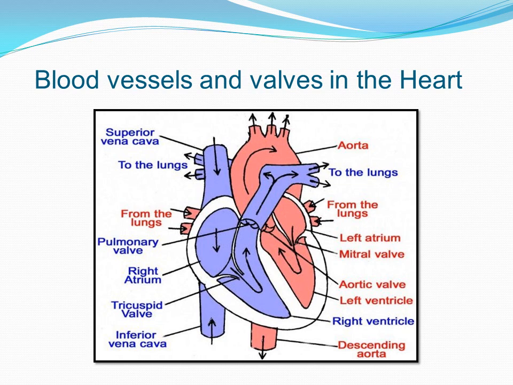Let us see what valves are present here. Here we can see one valve between the left auricle and left ventricle, which is called the mitral valve or the bicuspid valve. What is the function of this valve? It guards the opening between the left auricle and the ventricle. Once the blood gushes into the ventricle, these valves get closed, and they always open in one direction, like a door.